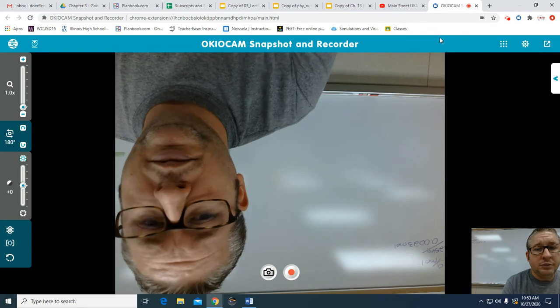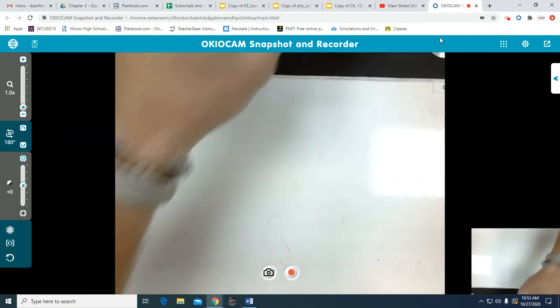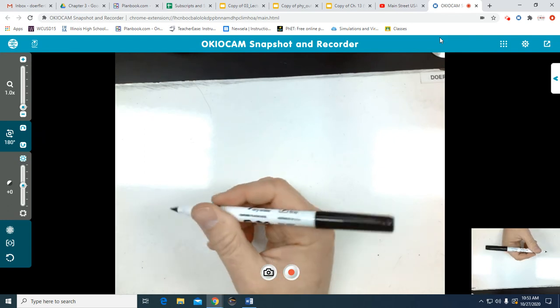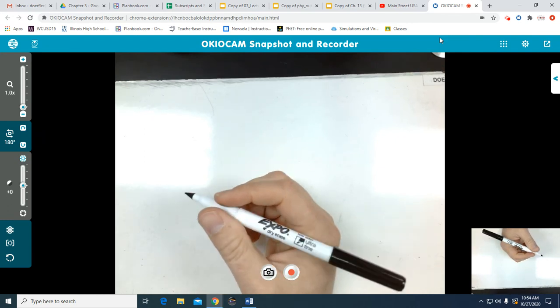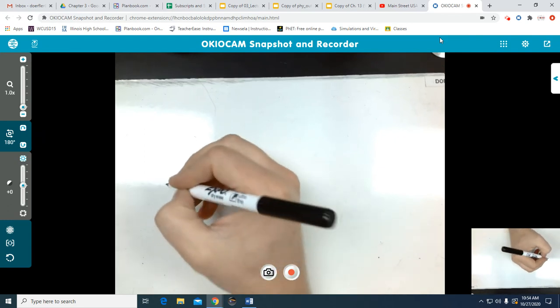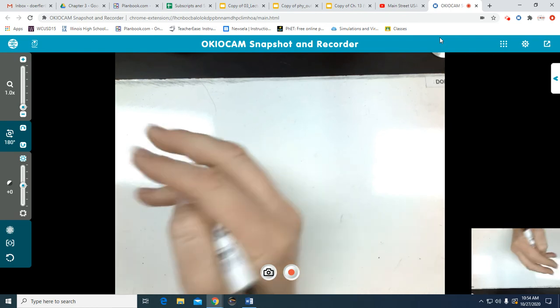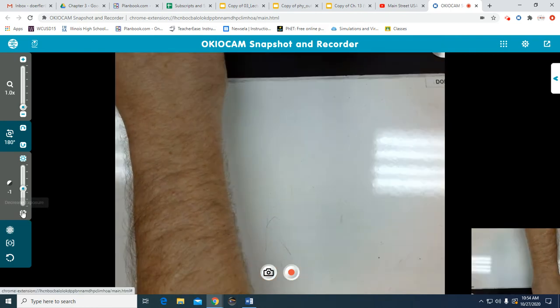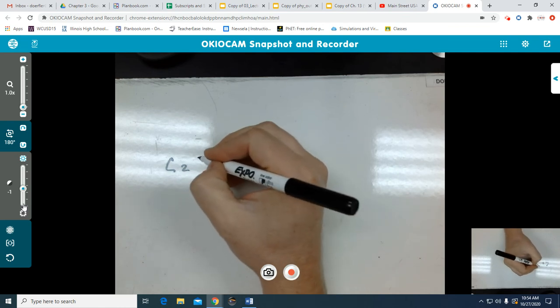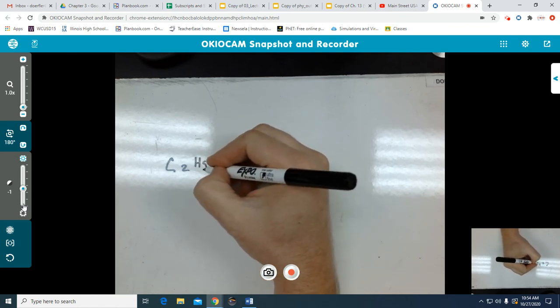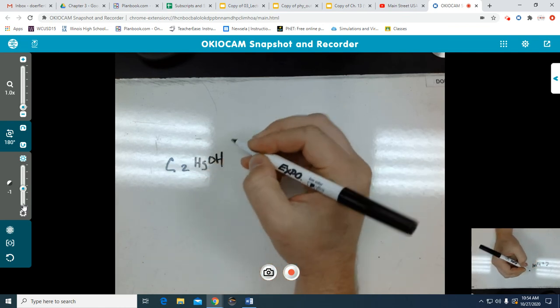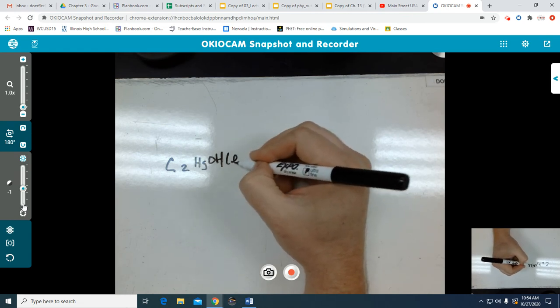Okay, so we have ethanol, which again is going to be C2H5OH. It's a liquid.